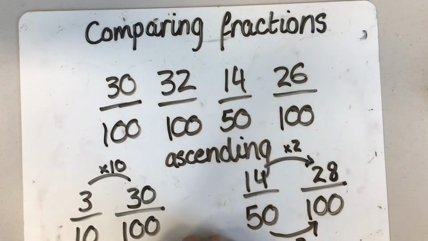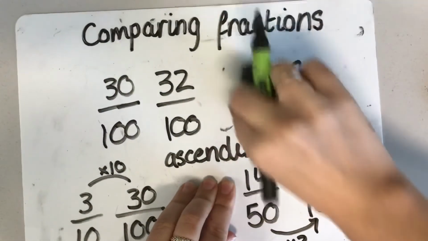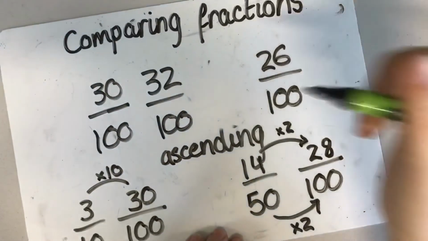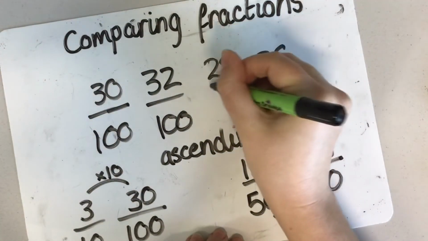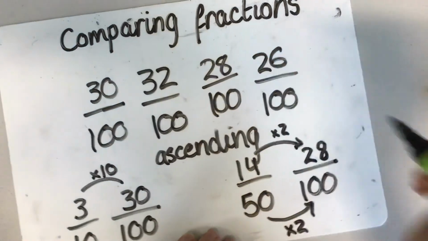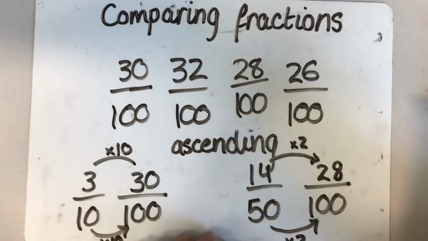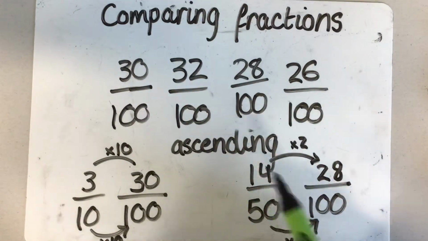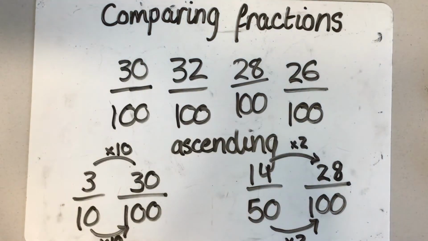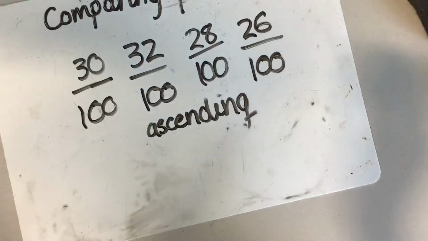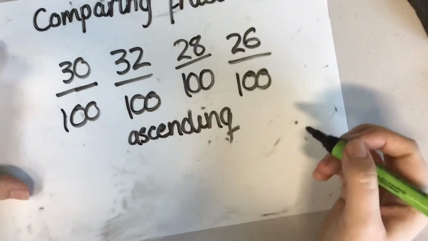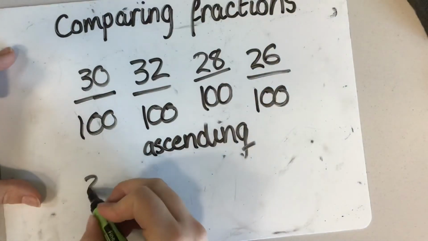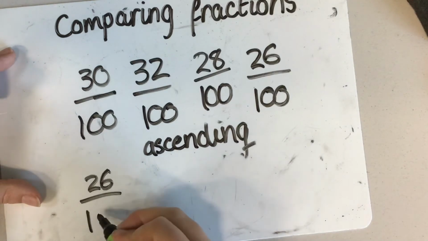So again, let's change our 14/50ths into 28/100ths. Pause the video. What order would these fractions be in if you put them in ascending order? And you should see 26/100ths is the smallest numerator out of the 4.